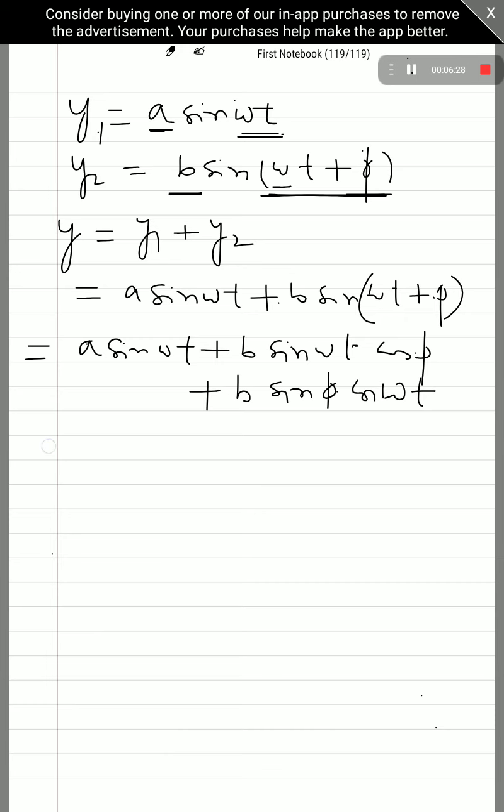Okay, so it will become, alright, the sin omega t term is here, and the sin omega t term is here.